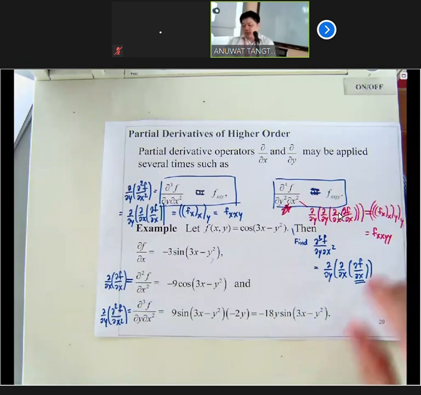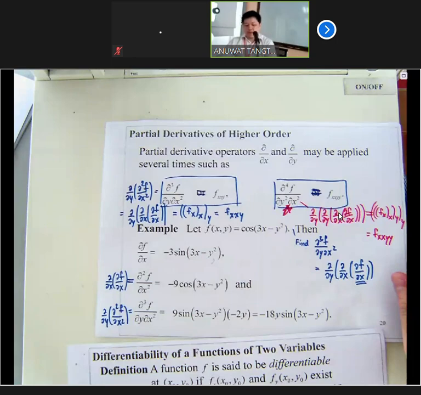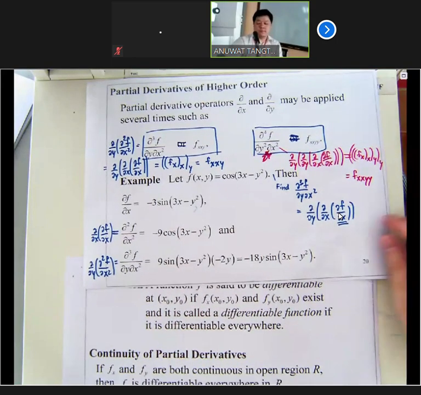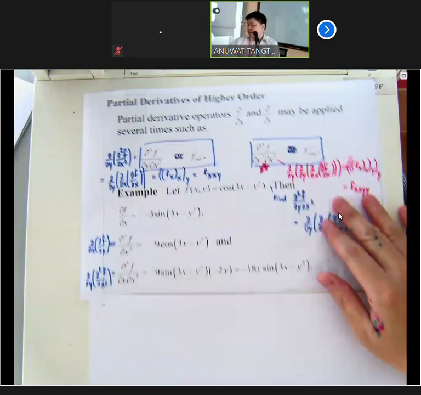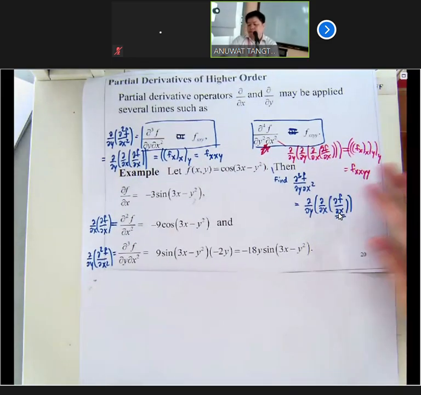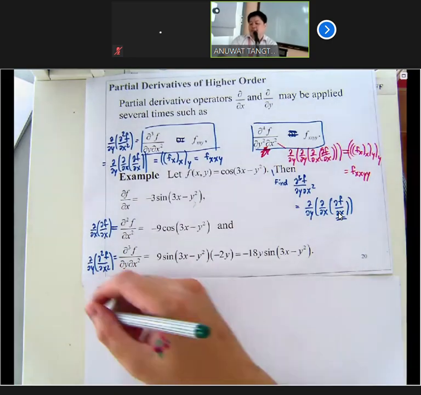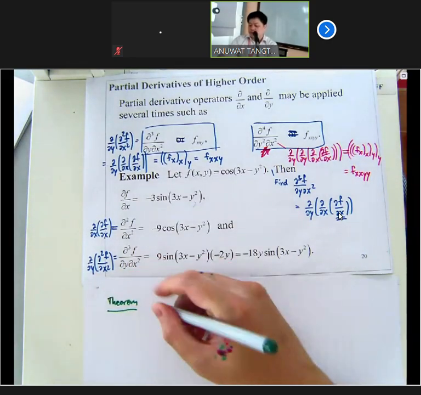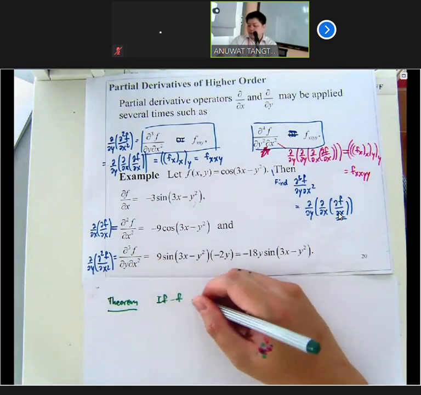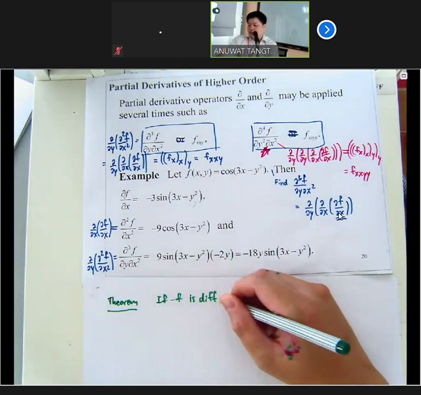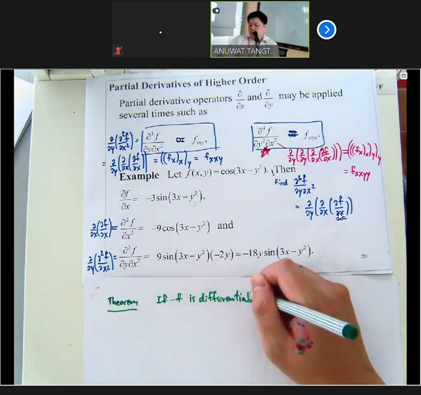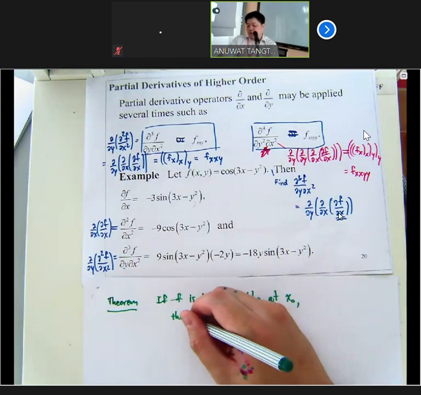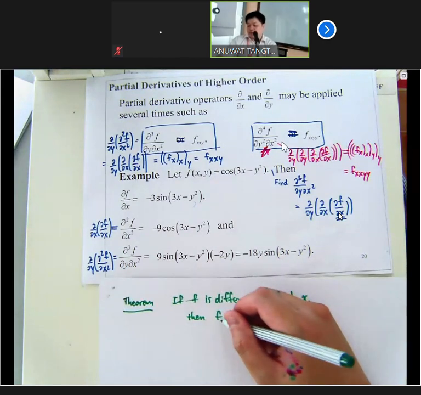Okay, the next one, again, if you remember in one variable, there is a theorem that says if f is differentiable at x0, then f is continuous at x0. I hope you still remember this.